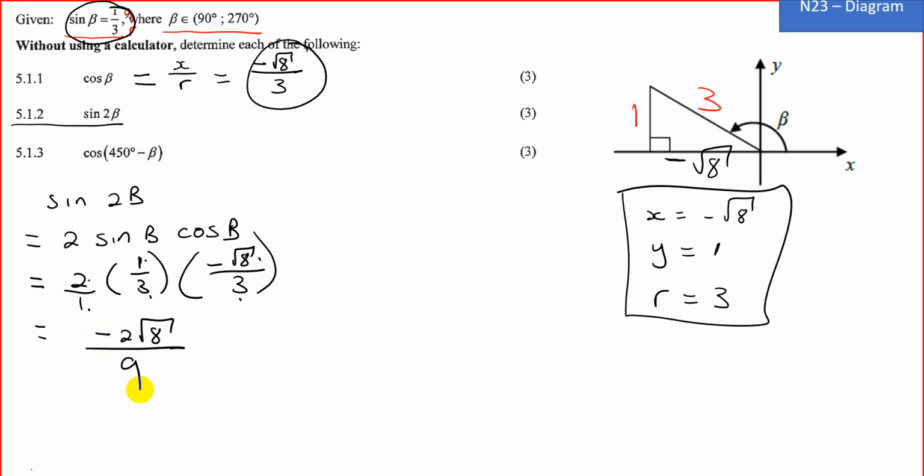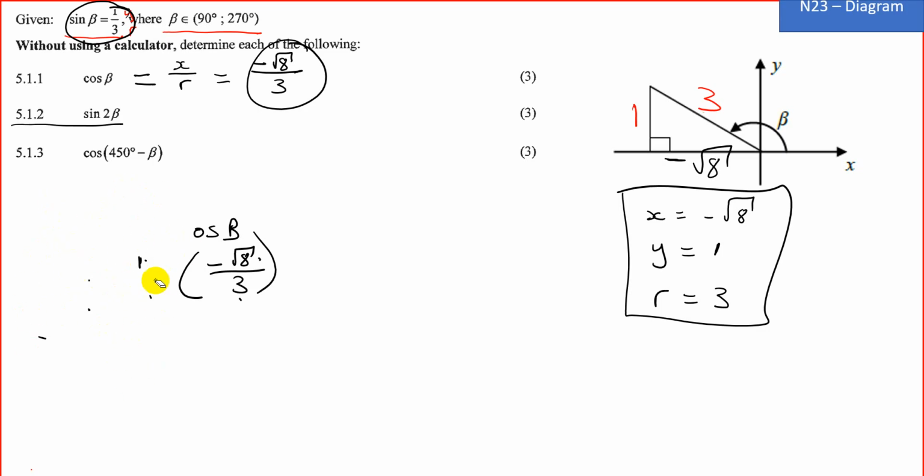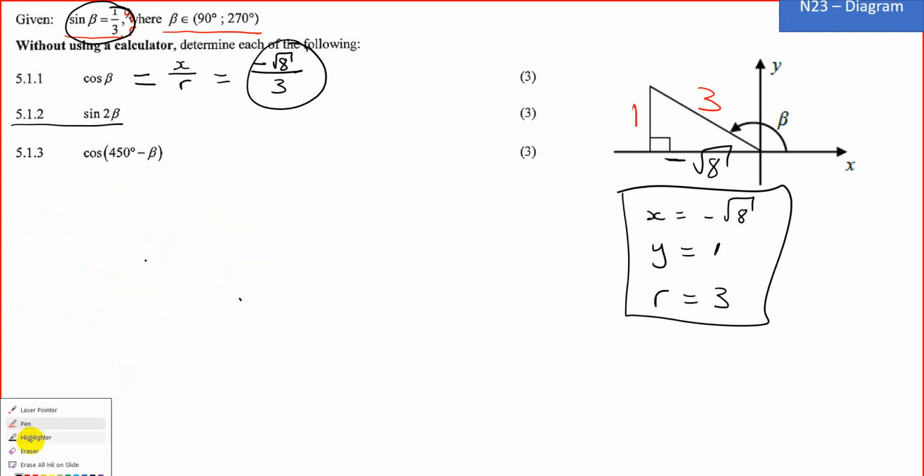We're going to go to the next question. I just want to quickly erase this board. And that takes us to 5.1.3. The question is cos of 450 minus beta.